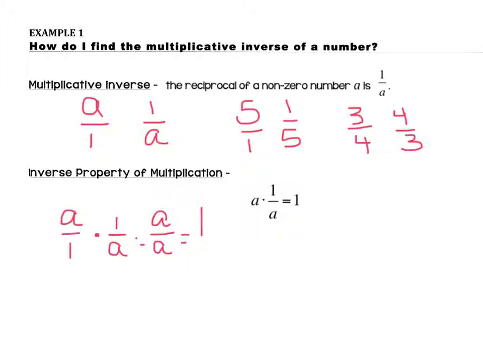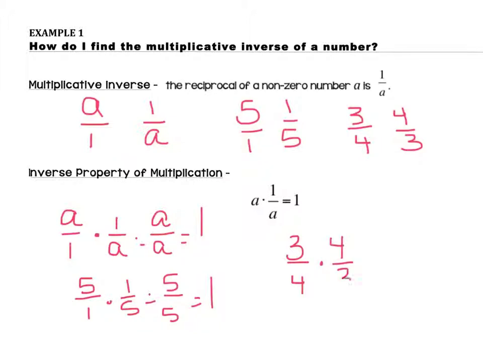If I had my 5 all over 1 times 1 all over 5, again, I'm going to have 5 times 1 is 5, and 1 times 5 is 5, giving me a 1. Let's take a look at the 3/4. I've got 3 all over 4 times 4 all over 3, which is its inverse. 3 times 4 is equal to 12. 4 times 3 is equal to 12, giving me 1.